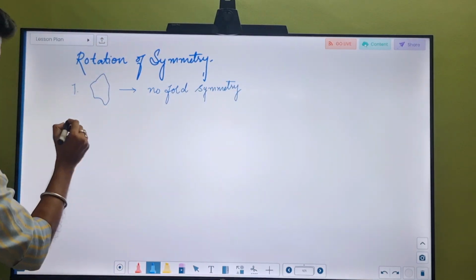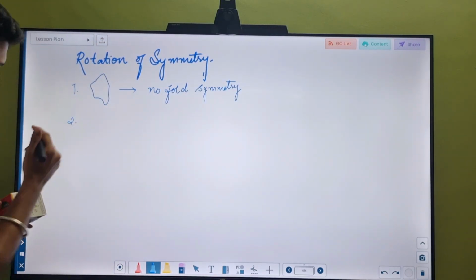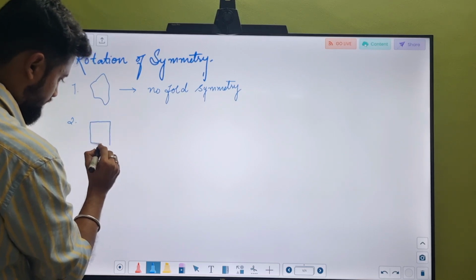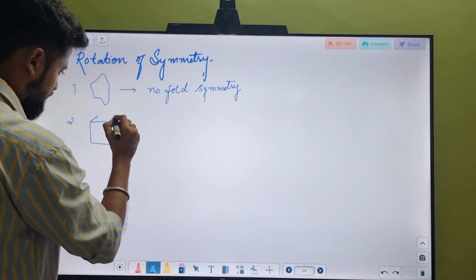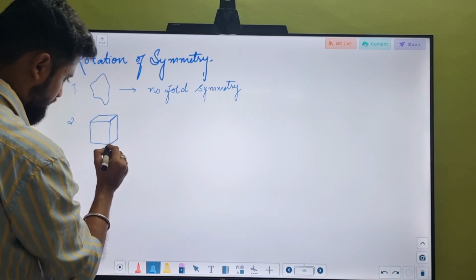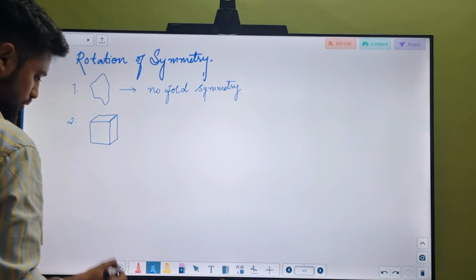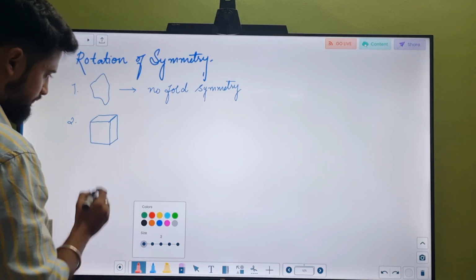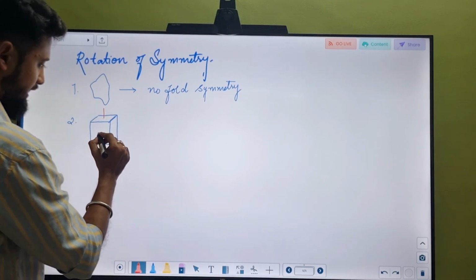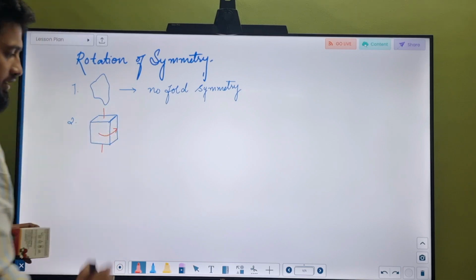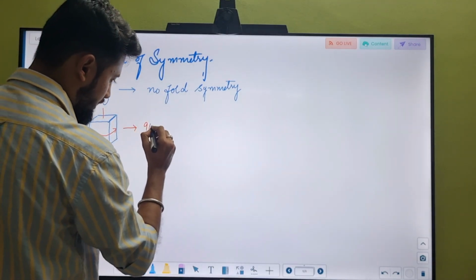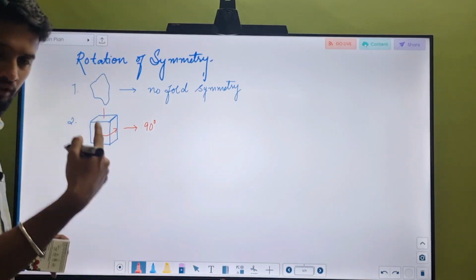Okay, so when it comes to a square or a cube, I am holding it along the faces and I am rotating it. For every 90 degrees I am getting a new face.